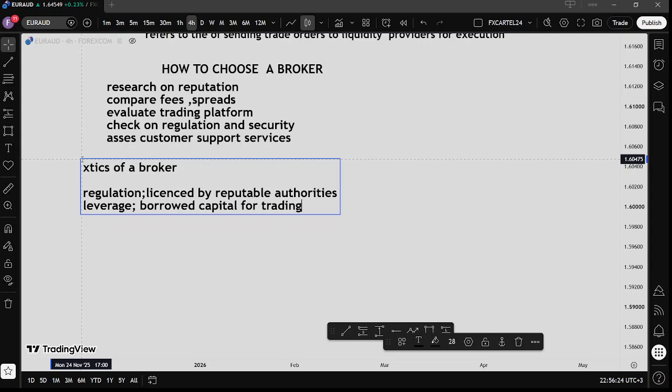If you have $10 times 500, you find you have 5,000. So on 5,000 you trade. You're trading a total value of 5,000 borrowed capital on $10 because the leverage is there.